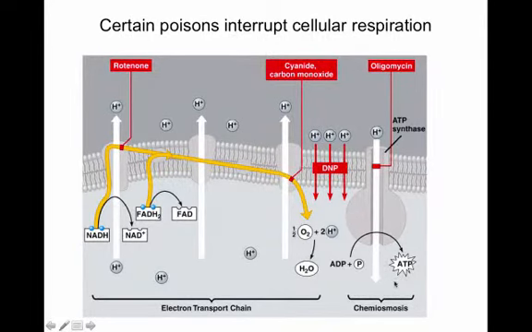So this would affect the amount of ATP that the organism could produce. And like I had said, ATP is the currency of the cell. You don't have ATP, you are not going to do well. You only have 1/3 of your ATP, you're not going to live very long.